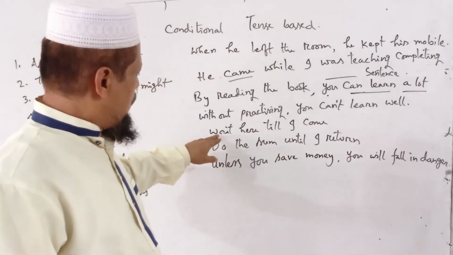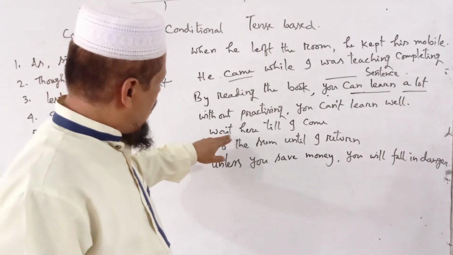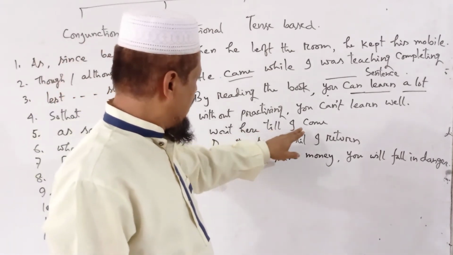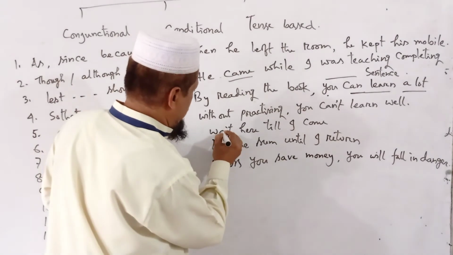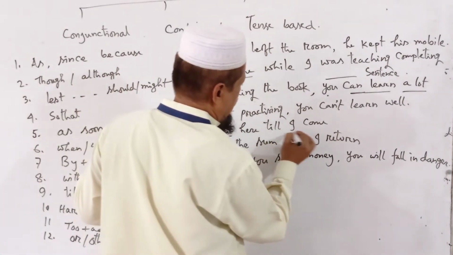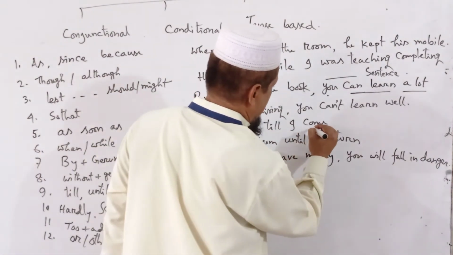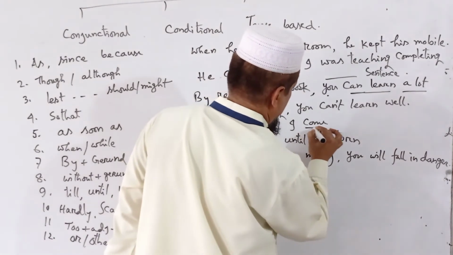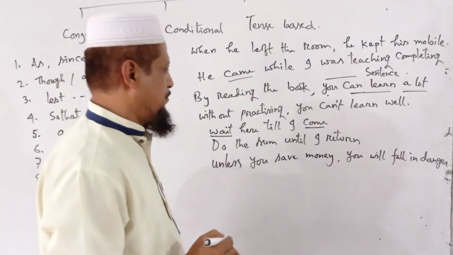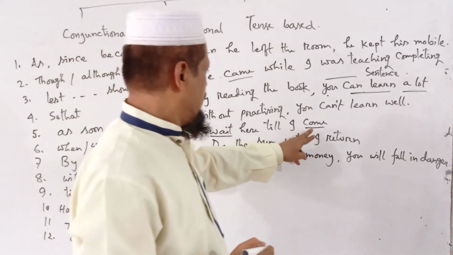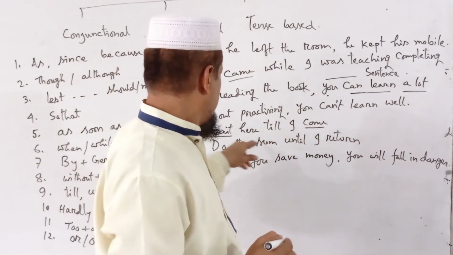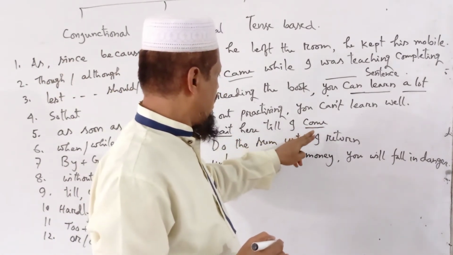Here I want to write, wait here till I come. Here wait is simple present. Then in the second clause I will also add simple present. That is why I wrote I come. Wait here till I come.